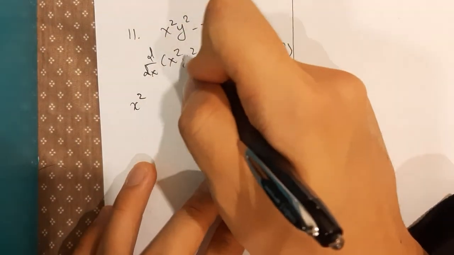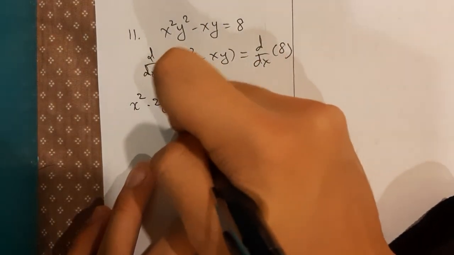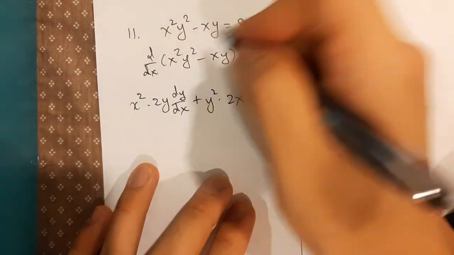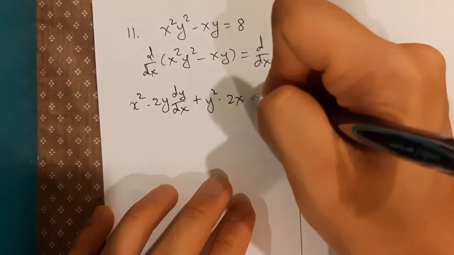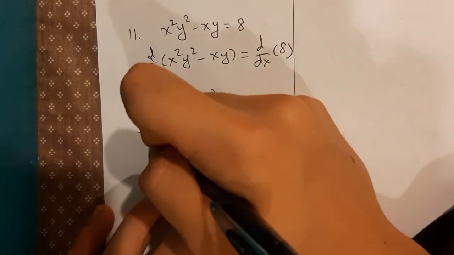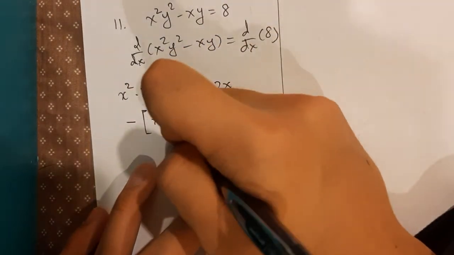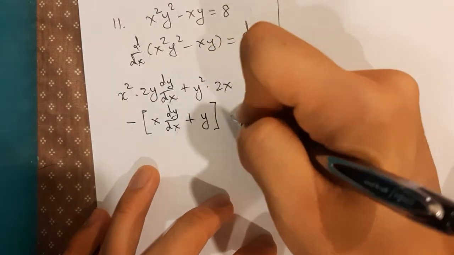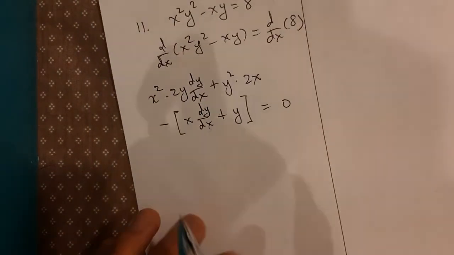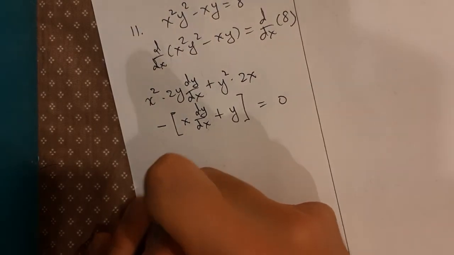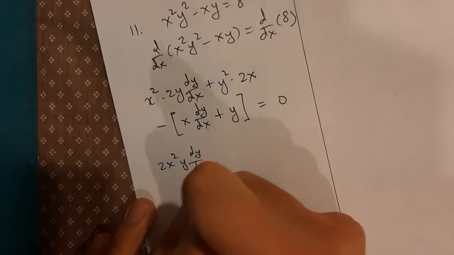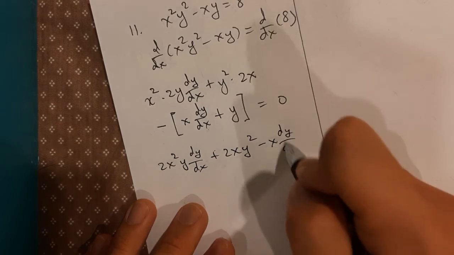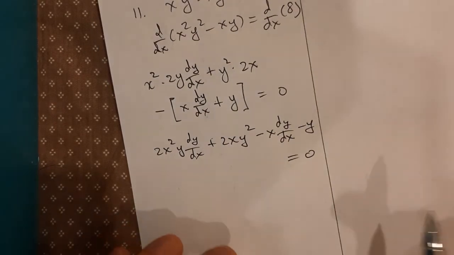X squared, derivative of y squared, which is 2y dy dx, plus y squared times derivative, which is 2x, minus, so we can put that here, and then in parentheses, here you got x derivative of y, plus y derivative of x, which is 1, equals 0. Simplifying, now we have 2x squared y dy dx plus 2xy squared minus x dy dx minus y equals 0.